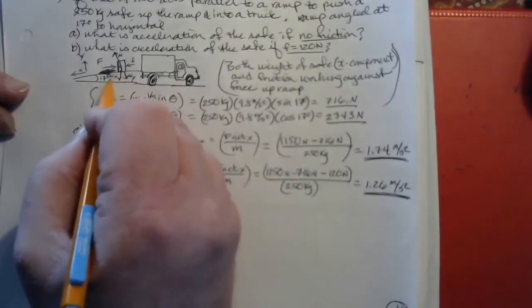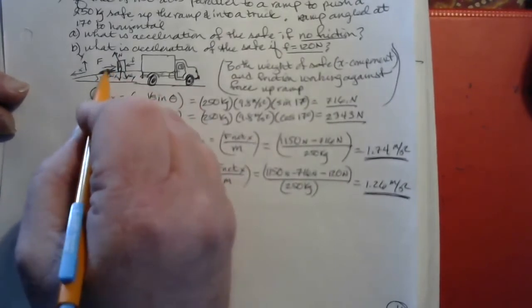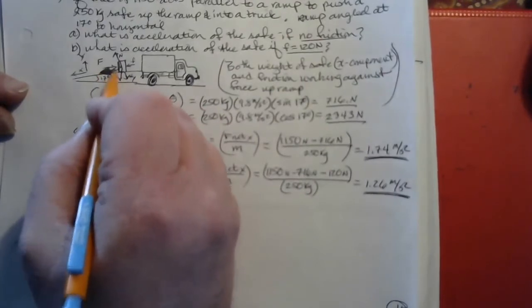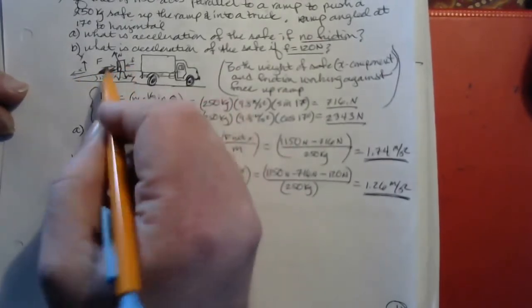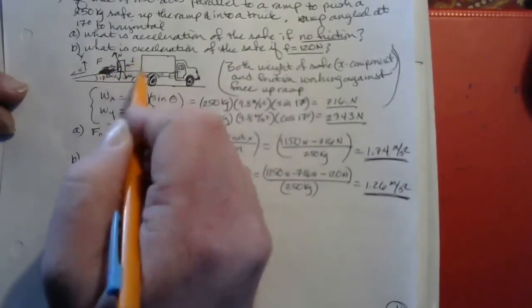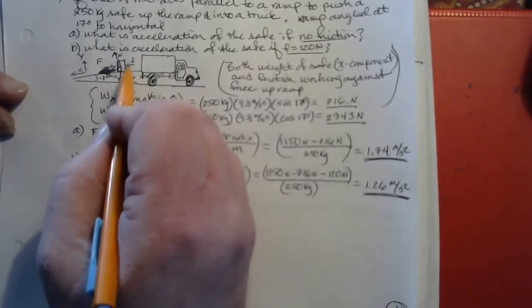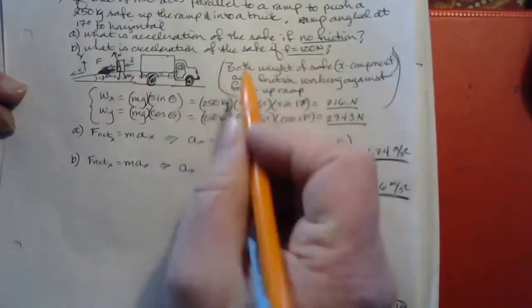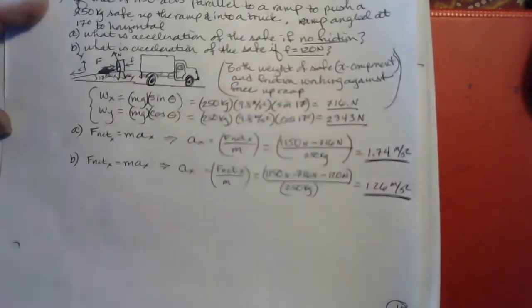That's what this little WX is that you can hardly see there. The force, though, is pushing the safe up the ramp. At the same time, friction is also trying to push it down the ramp. So those are the forces we're dealing with here.